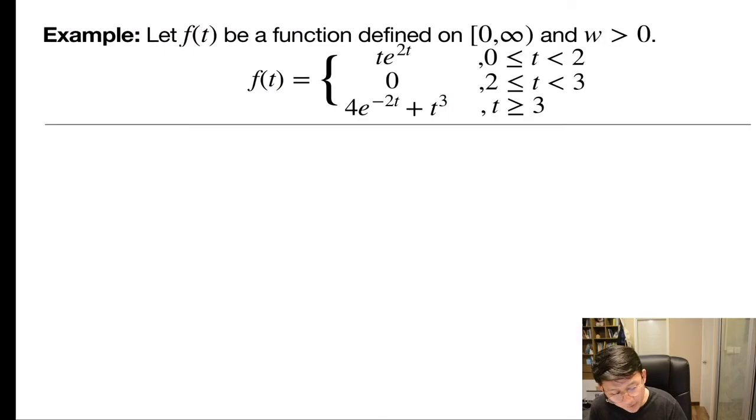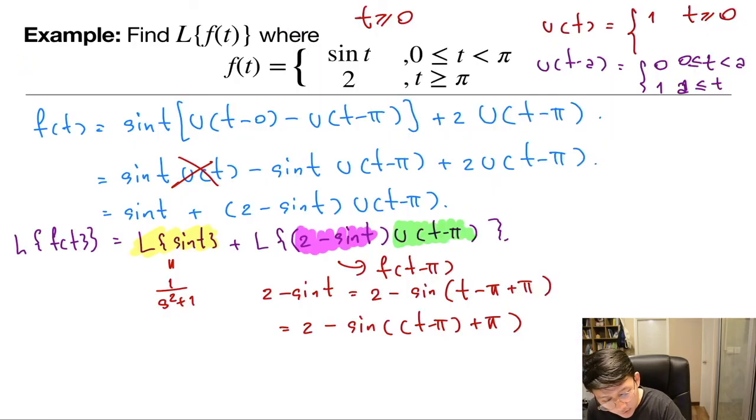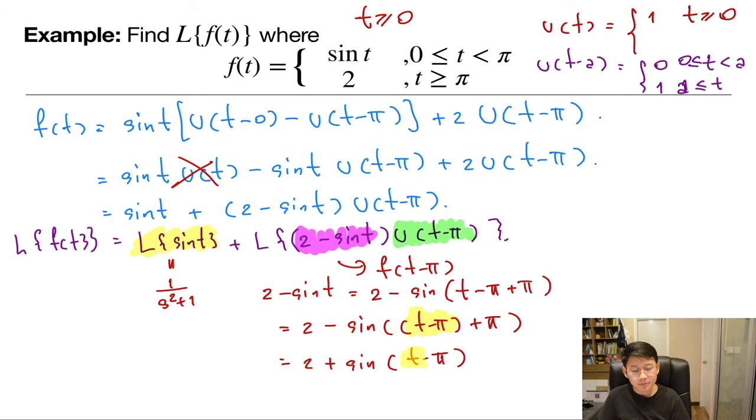So here we have 2 minus minus, and minus minus is plus sine a. So it becomes 2 plus sine a.